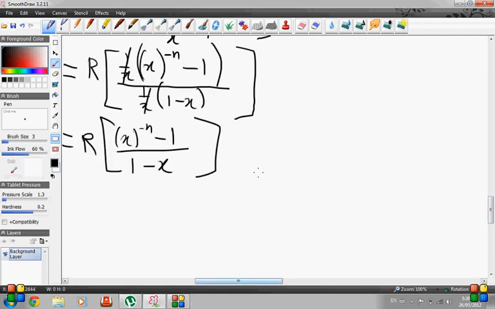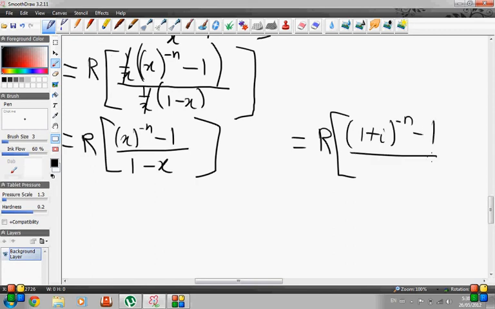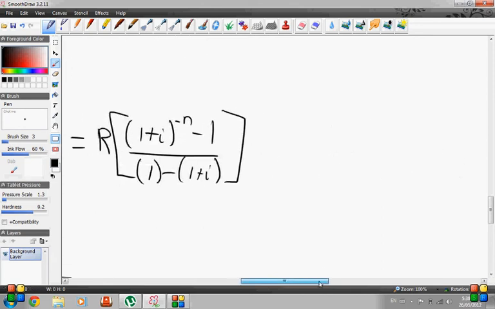So if we substitute 1 plus i for x, we get r brackets 1 plus i to the negative n minus 1, over 1 minus 1 plus i. And we can see here that we have two terms in the denominator, so let's simplify that.